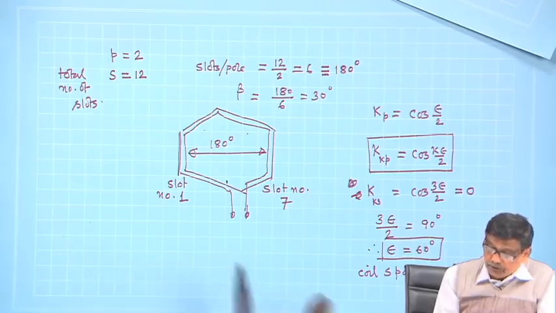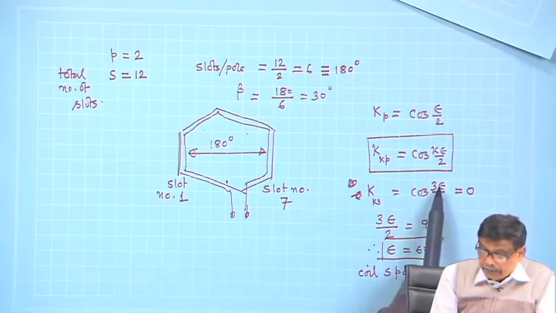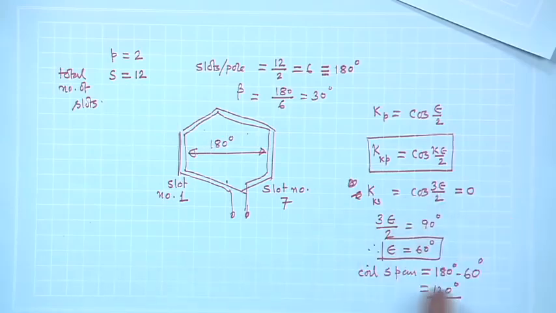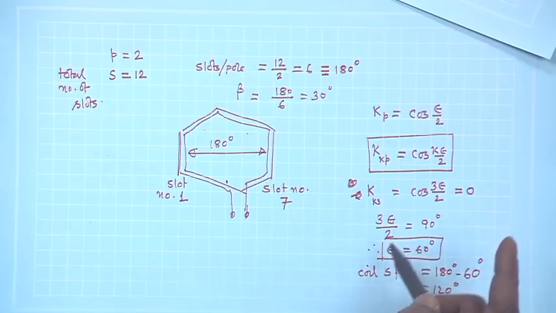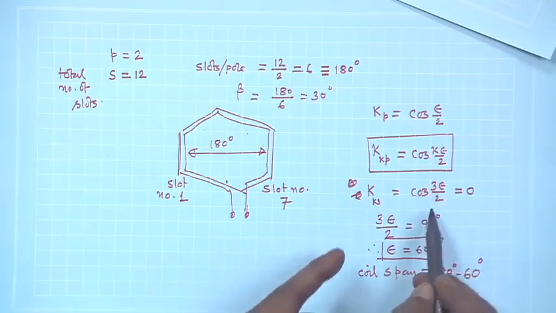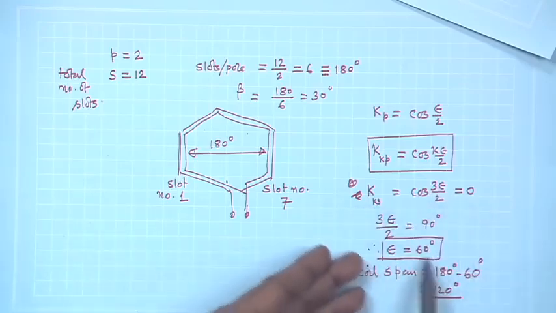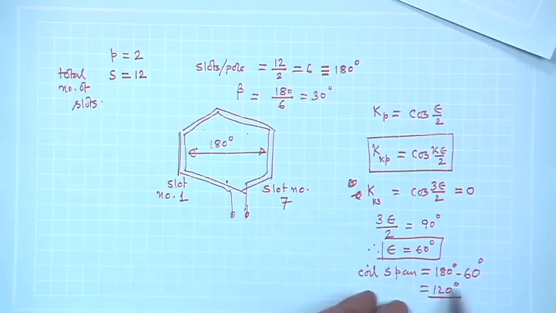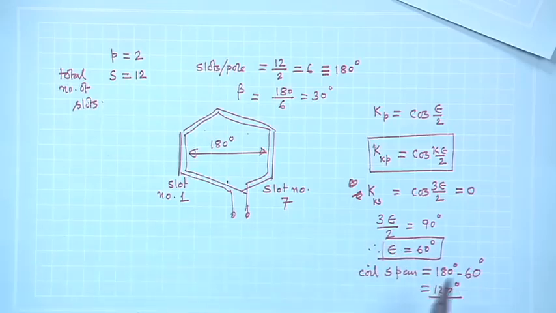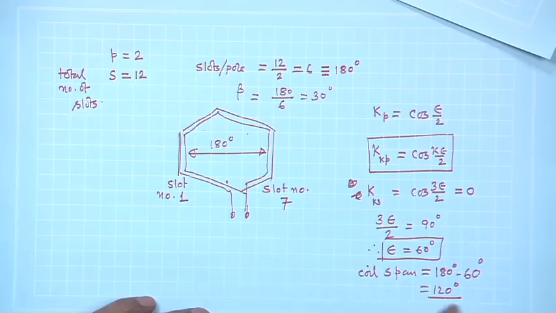But you are sure the pitch factor corresponding to third harmonic will be 0, because you have seen that while choosing the epsilon value, 3 epsilon by 2 is 90 degree. So, cosine 90 is 0, and from there you got epsilon 60 degree. And why will that be?